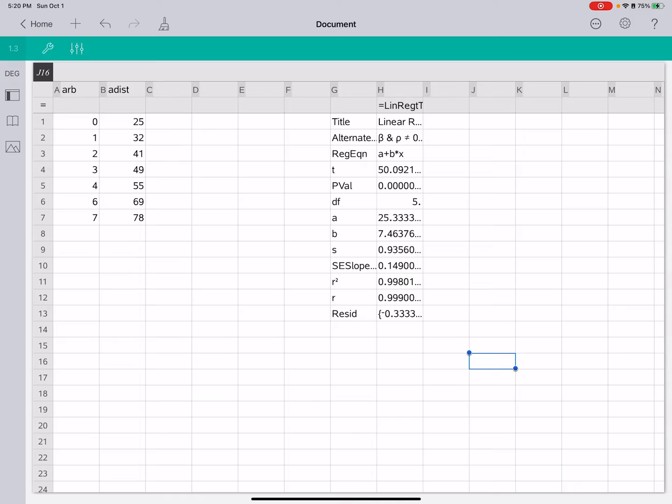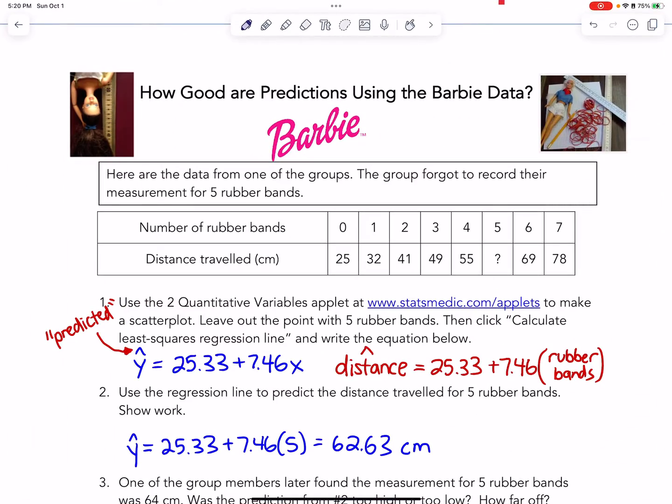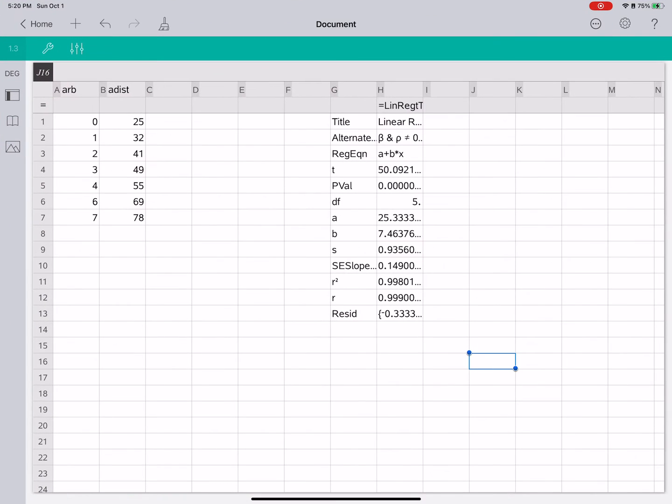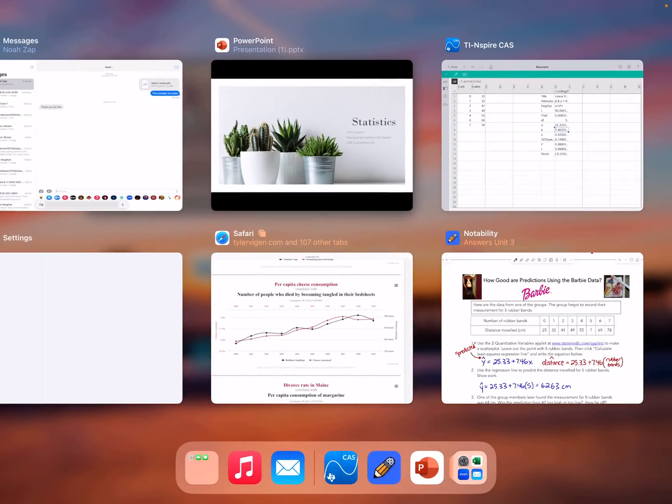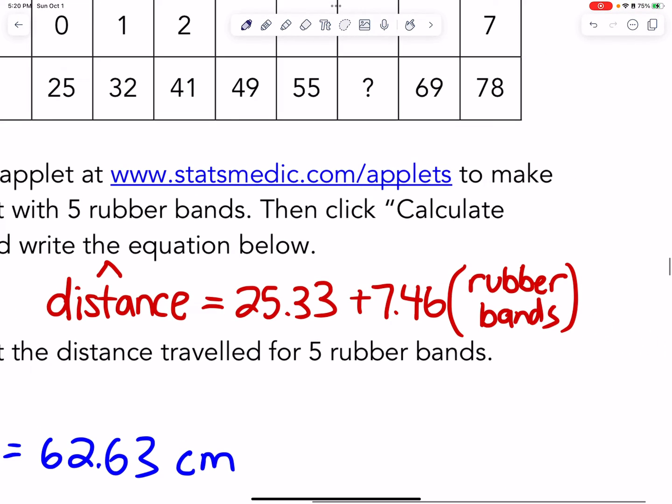Now I have all my data ready to go. The first thing it asks me is to write my prediction line. You can get it from here where it's A plus BX, and you would put 25.33 plus 7.46, and my X is my number of rubber bands. Notice I have it written in red, and that's the way I want you to write it.